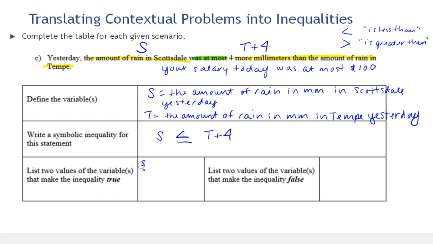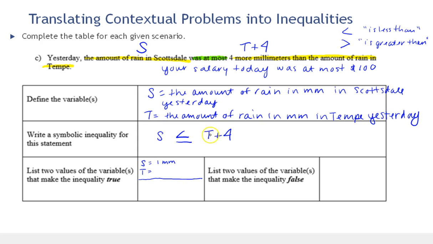So since S is by itself, I'm going to pick a value for S first, and then I'll make sure that I pick a value of T that makes it true. So let's say in Scottsdale yesterday it rained 1 millimeter. Sounds like Scottsdale? Okay. Well then 1 has to be less than or equal to 4 more than the amount it rained in Tempe.